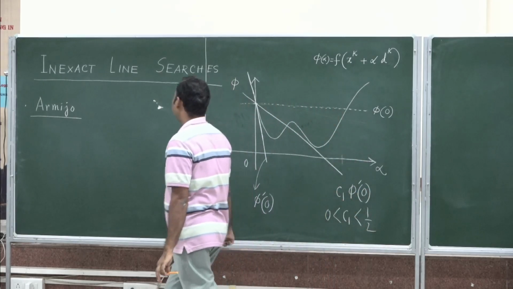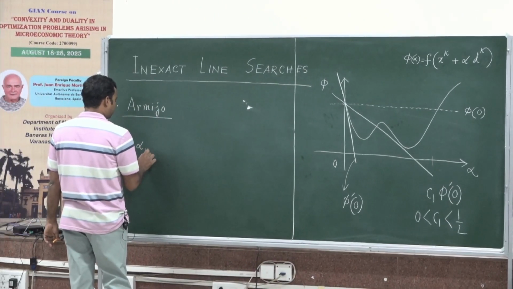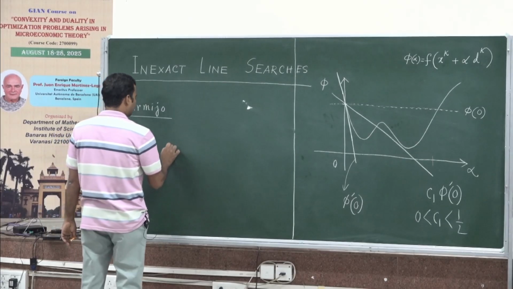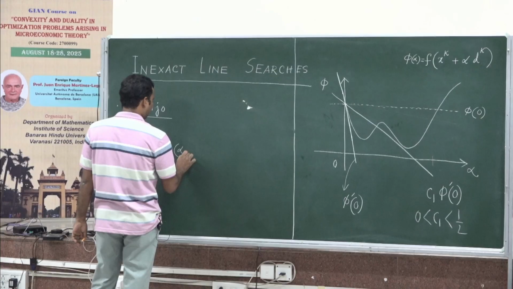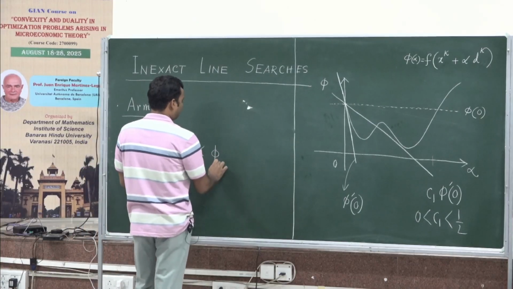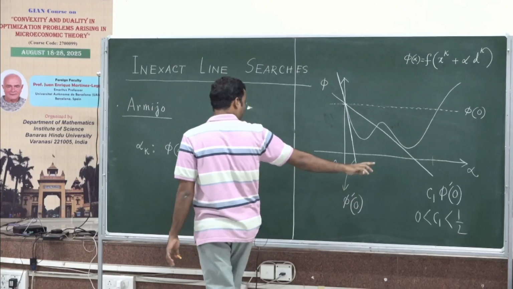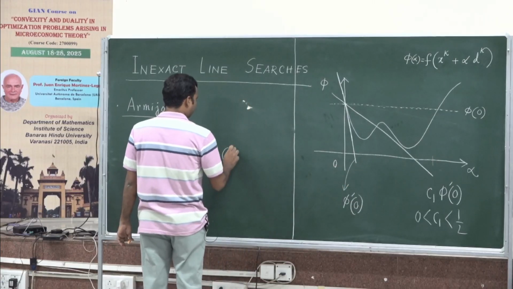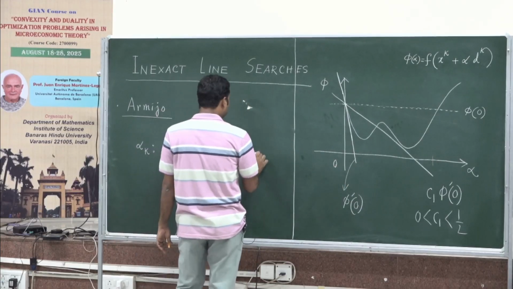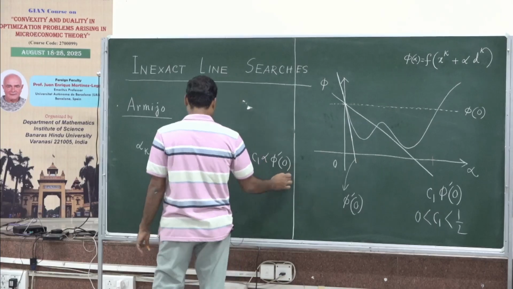And then you choose alpha k such that phi of alpha k is less than or equal to, what is the equation of this line? This line has that slope, starting from phi 0 plus c1 alpha phi dash 0.